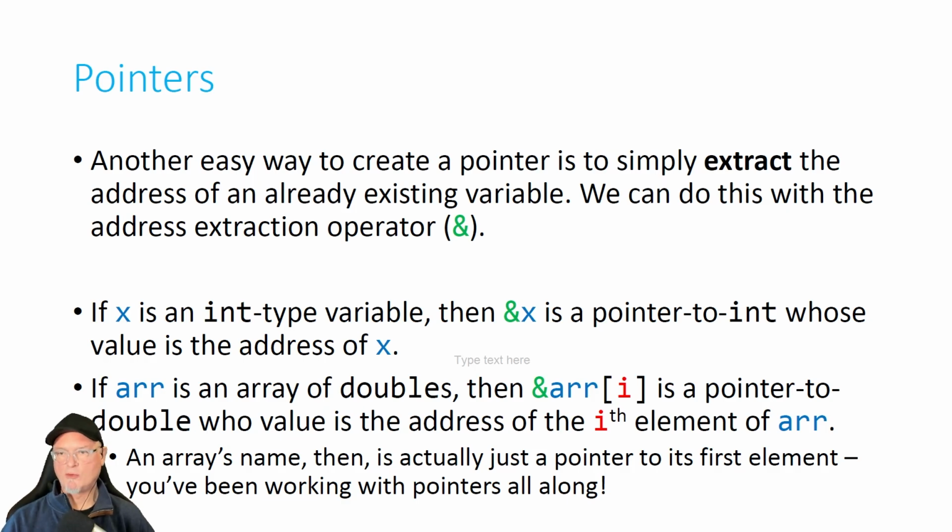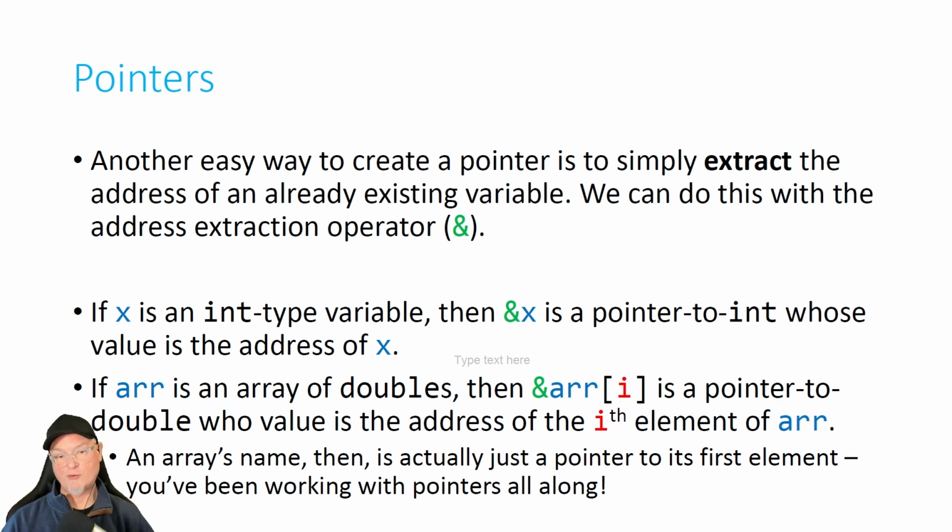Another way to create a pointer is to just extract the address of an already existing variable. We do that with the ampersand operator, like we talked about in lecture and in the notes. For example, if x is an int, then ampersand x is a pointer to an int whose value is the address of x.